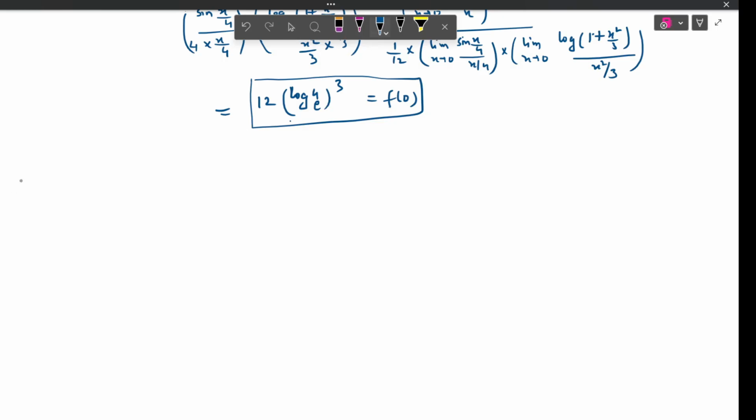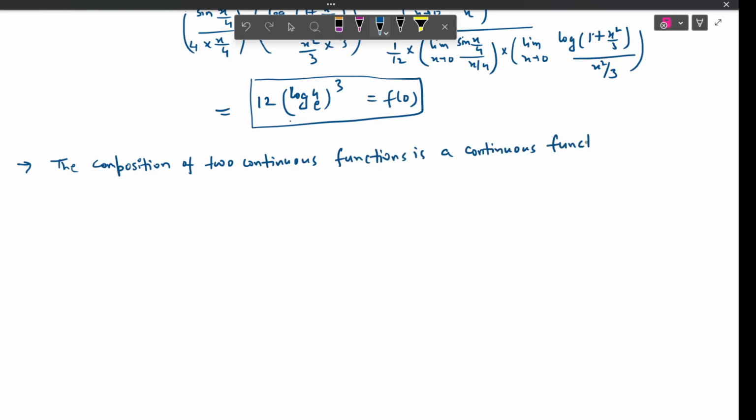Remember some points related to continuity. The first point is the composition of two continuous functions is a continuous function.